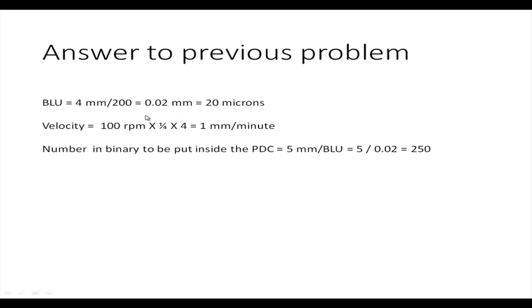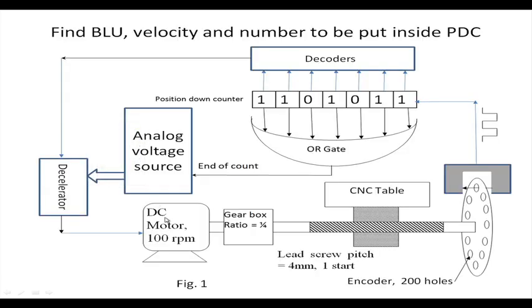What is the velocity? What is the information given about the velocity? Let us have a quick look. The DC motor rotates at 100 RPM. By some means we are making this DC motor rotate at 100 RPM, and corresponding to this we are developing a definite velocity. We have to find that out. So, how do we do that? The DC motor rotating at 100 RPM will have a transformation through this gearbox, which is 1/4.